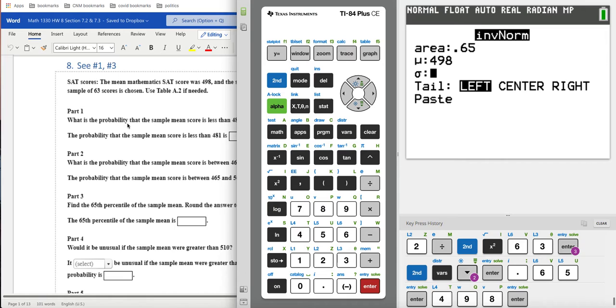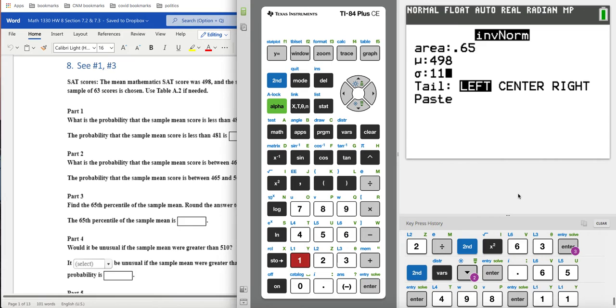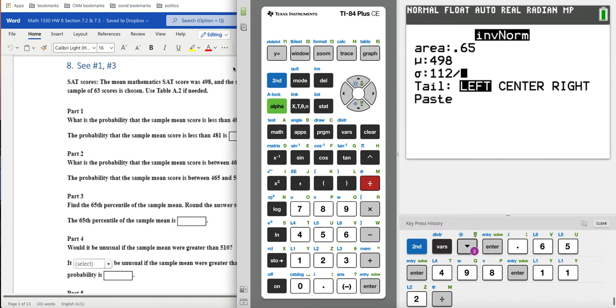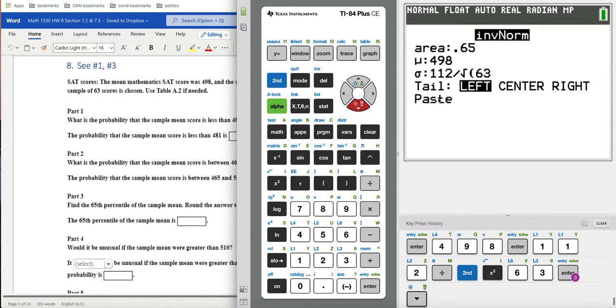And the standard deviation, again, we're going to divide by square root of the sample size. So 112 divided by square root of 63. And left if you have that option.